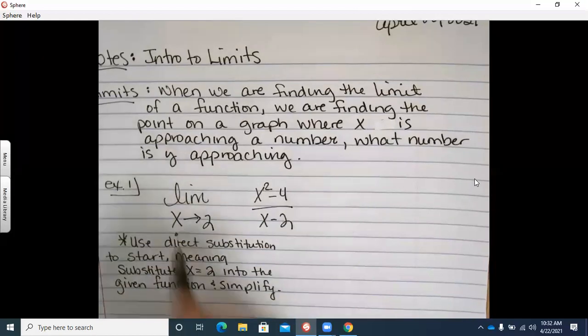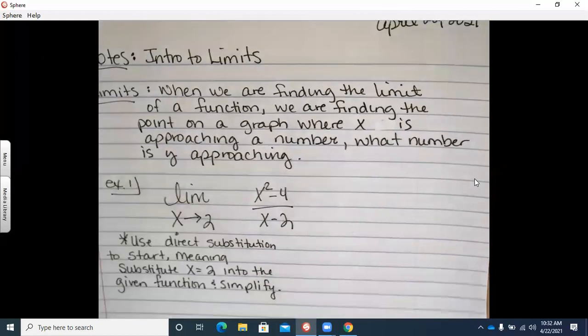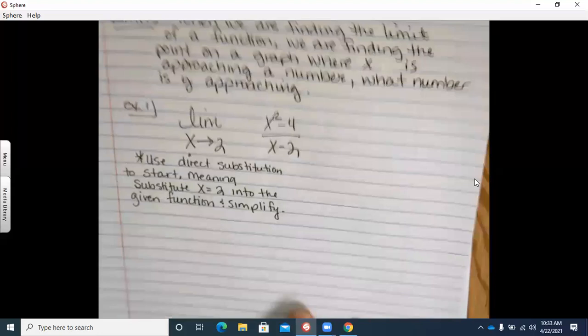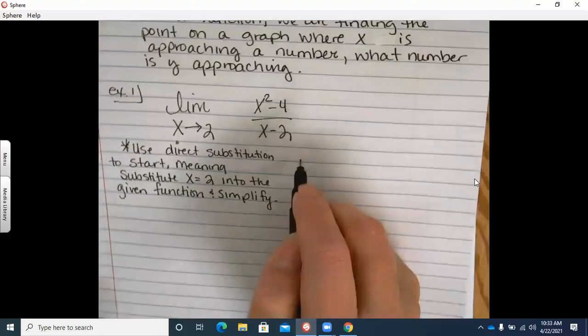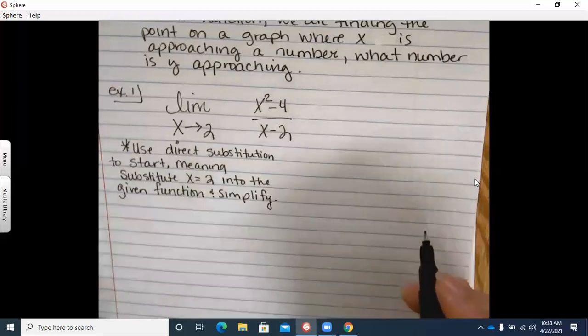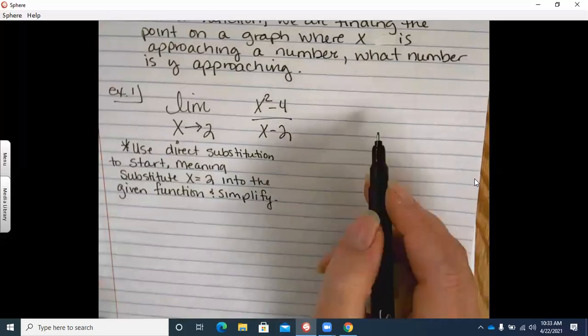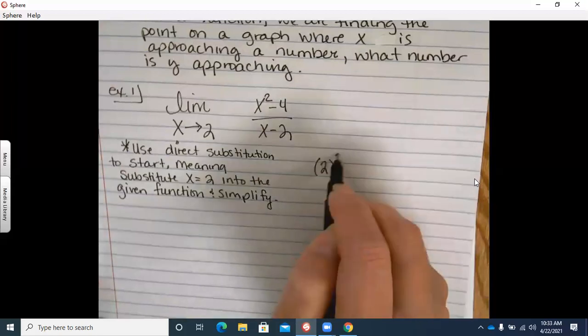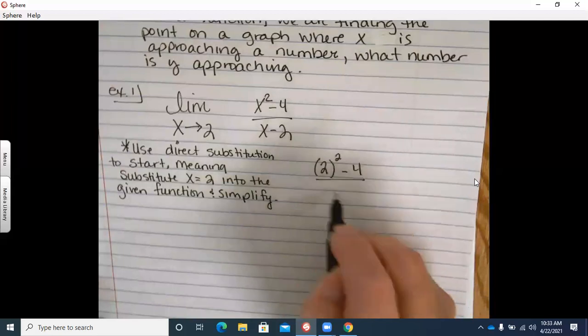So I don't want to write it right next to the original, because when I'm looking back on my notes, I want to be able to tell what the original problem was and then how I changed it. All right, so I'm going to say 2 squared minus 4 divided by 2 minus 2.